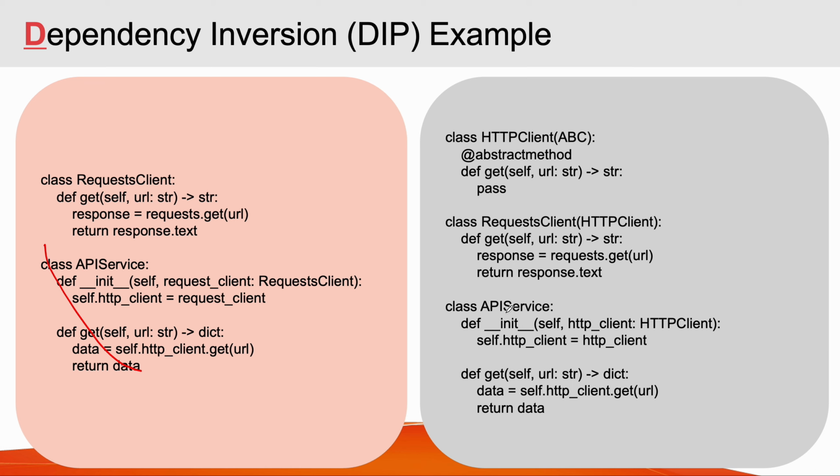And now in the API service class, we are not using this request client directly, but instead we are just expecting an HTTP client only. So suppose you want to now introduce a curl client. What you need to do is just create another class similar to the request client, extending this base class, and you can use that directly in this API service without changing it. So that is called the dependency inversion principle.